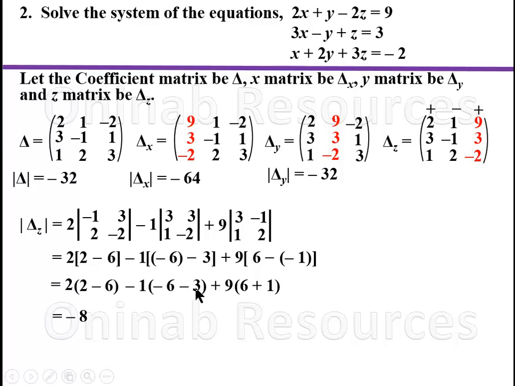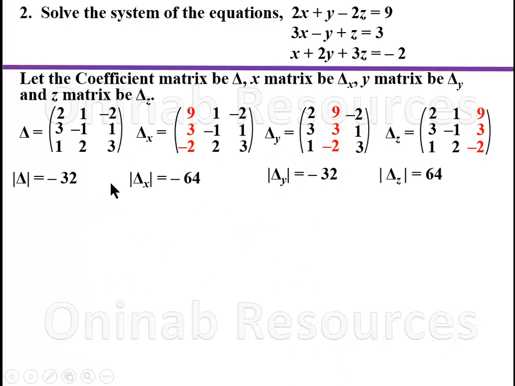Negative 6 minus 3 gives negative 9 times negative 1 will give us plus 9. 6 plus 1 gives 7. Times 9 gives 63. So simplifying this, we have a 64. The determinant of delta z is 64.